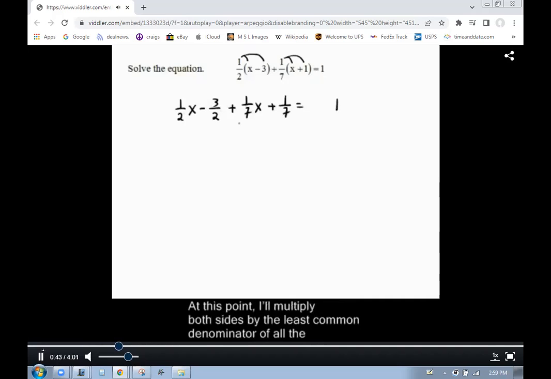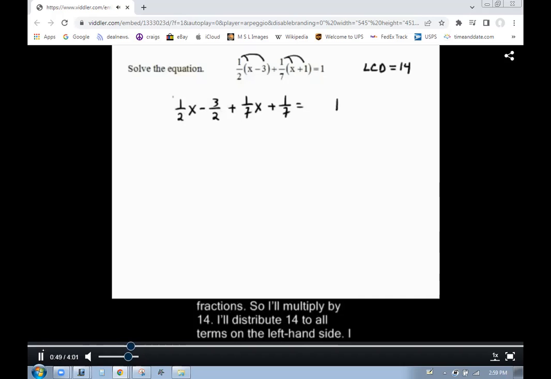At this point, I'll multiply both sides by the least common denominator of all the fractions. So I'll multiply by 14. I'll distribute 14 to all terms on the left-hand side.